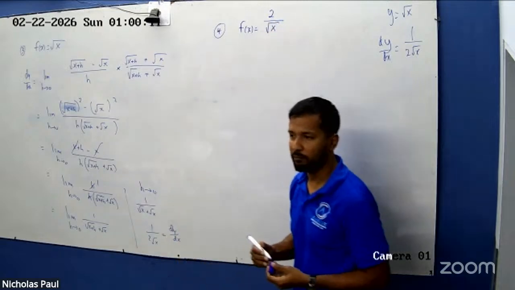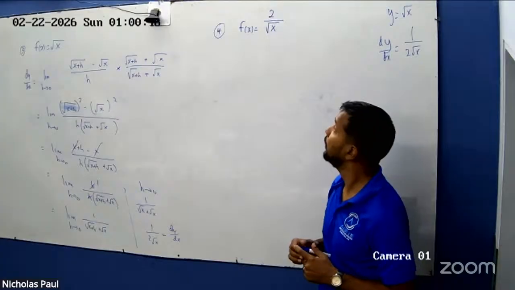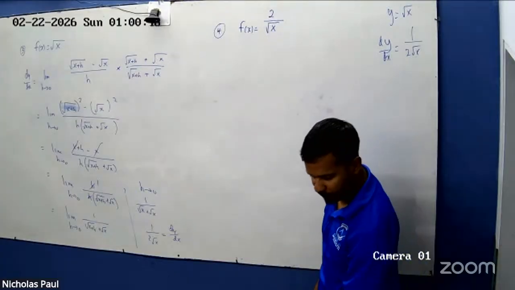Try that there. 2 over the square root of x.